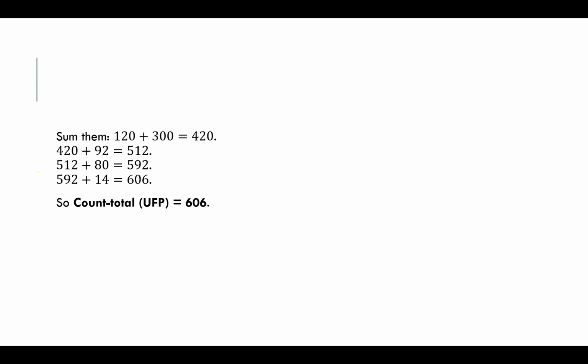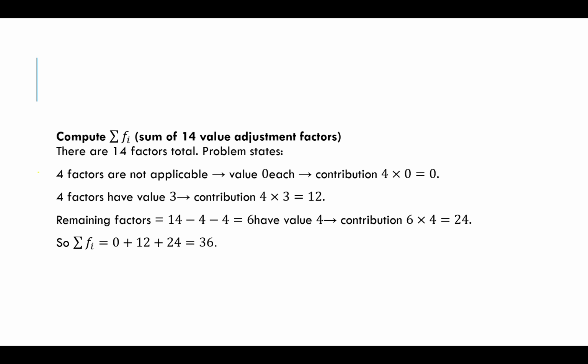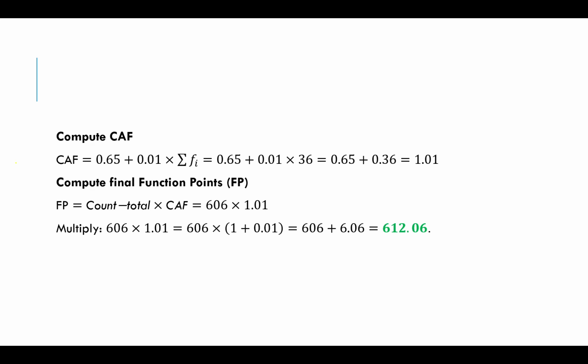Next we calculate the sum, which gives the total UFP value. Next we calculate summation fi: 0 plus 12 plus 24 becomes 36. So now we compute the CAF. The formula is 0.65 plus 0.01 into summation fi. We have just calculated summation fi.